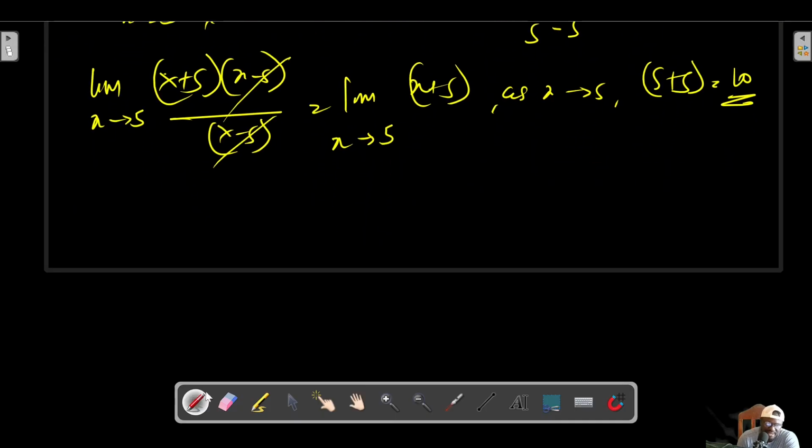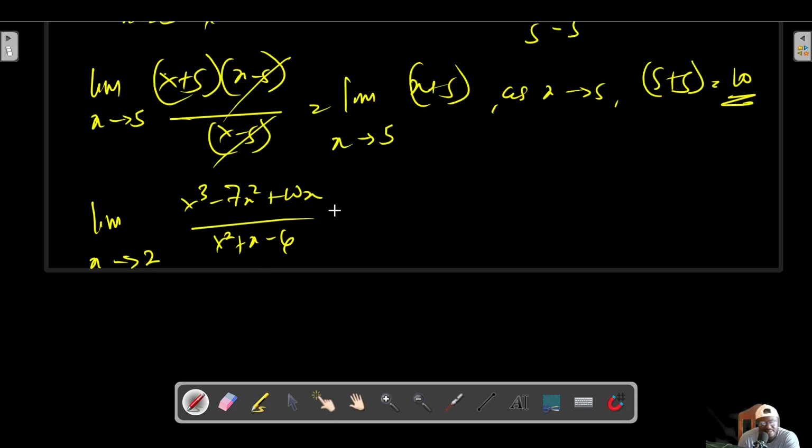Now we'll move on to the third problem. What is the third problem? Let's say you have the limit as x approaches, no, not 5, the limit as x is approaching 2 of x cubed minus 7x squared plus 10x all over x squared plus x minus 6.